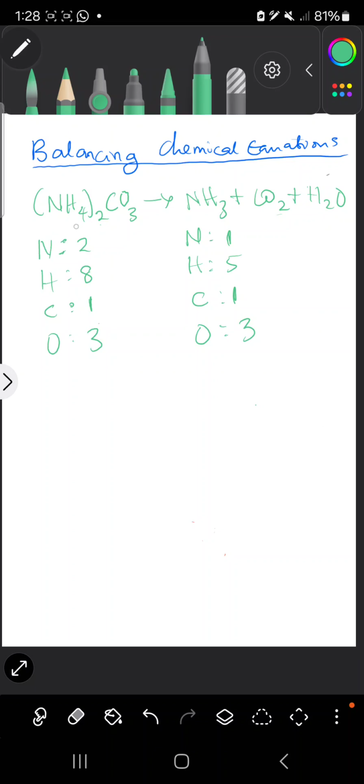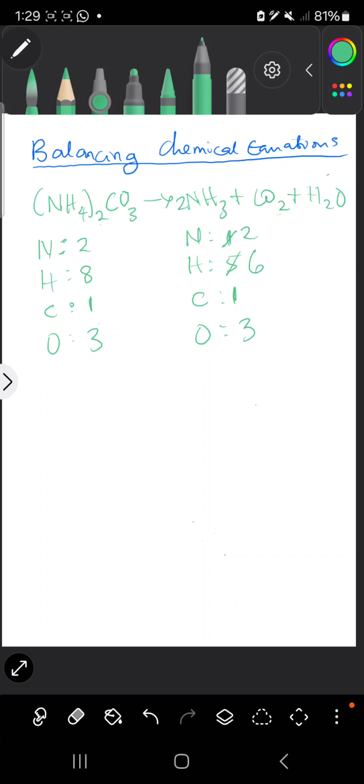So let us look at it and see what we can alter. So nitrogen is 2. Remember that nitrogen is 2 from here. So if nitrogen is 2 here, that means I can actually introduce 2 here. So if I introduce 2 here, it's no longer 1 for nitrogen on the product. It becomes 2. How about hydrogen also? Hydrogen then becomes how many? 2 times 3 will give us 6 hydrogen here.